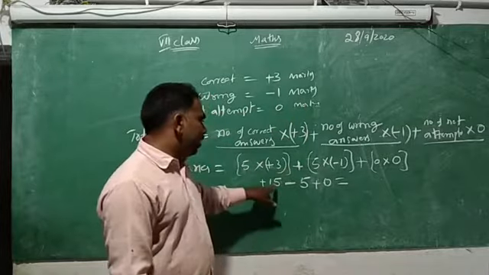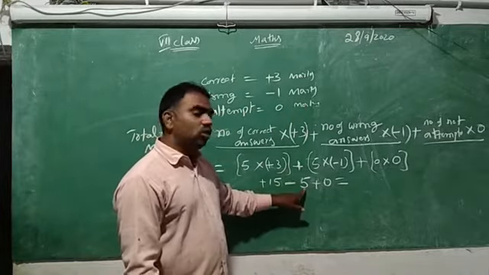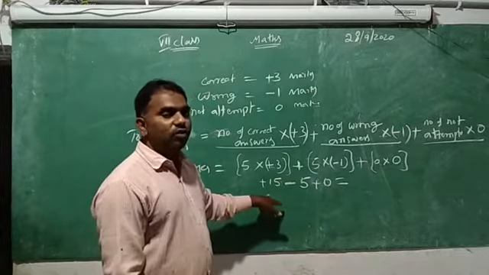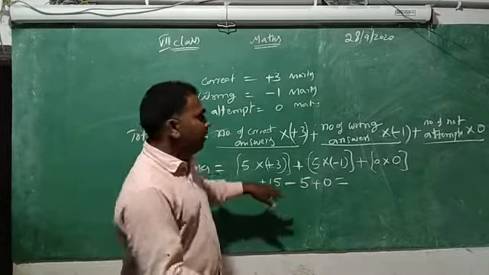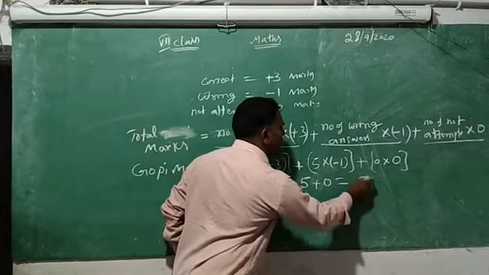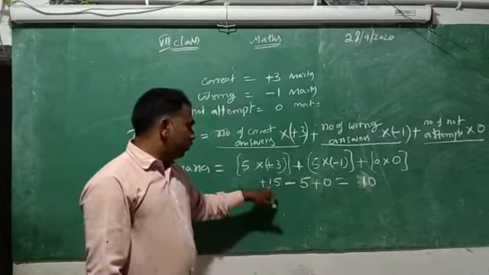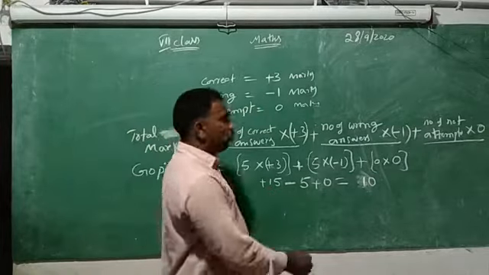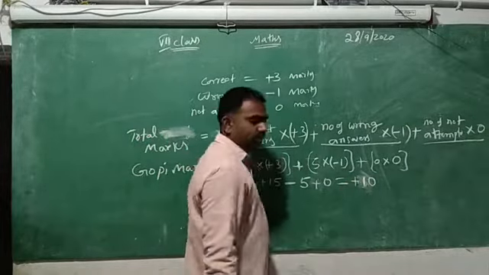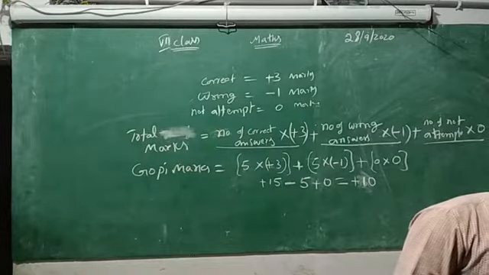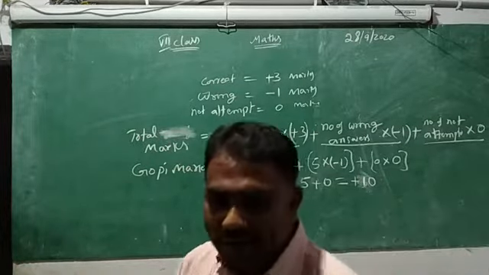I have 15 rupees and I have to give 5 rupees, so both are different, and we should do the subtraction. 15 minus 5 will be, sorry, 10. Here the bigger number is positive, that's why the answer will be plus 10. So the final marks are plus 10. Okay, the next candidate name.